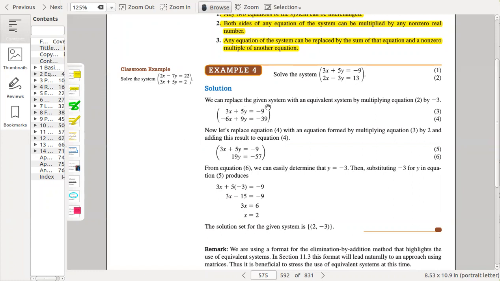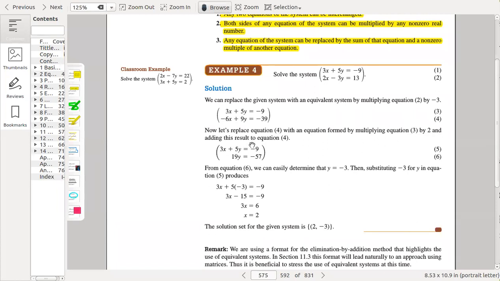We can replace the given system with an equivalent system by multiplying equation 2 by minus 3. So if we multiply equation 2 by minus 3, we have minus 6x plus 9y is equal to minus 39. Okay, now let's replace equation 4 with an equation formed by multiplying equation 3 by 2.